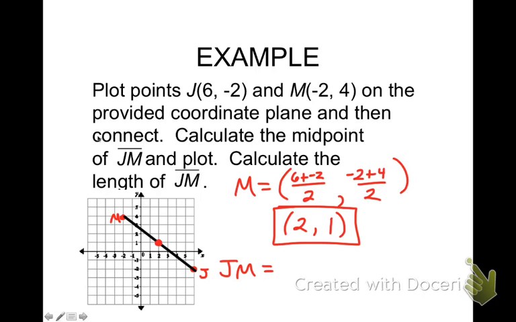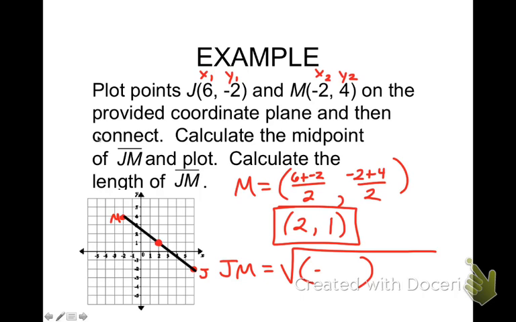So JM is equal to the square root of, do you want J or M to be point 1? J? So x sub 1, y sub 1, x sub 2, y sub 2. So what's going to go inside the first set of parentheses for distance formula?